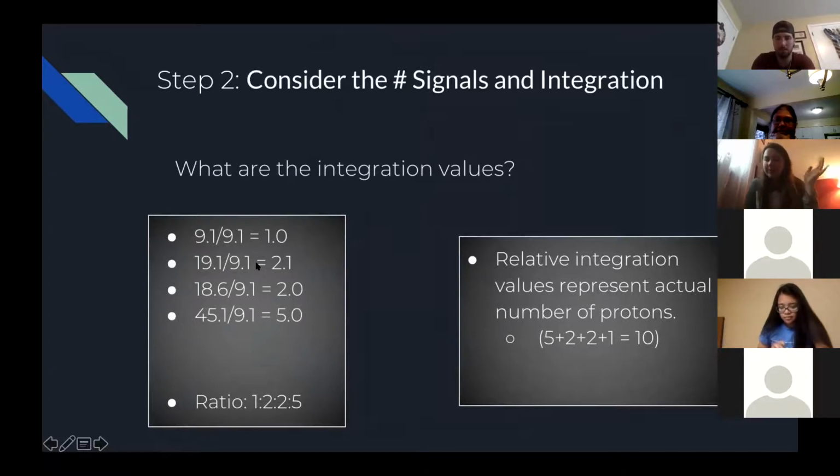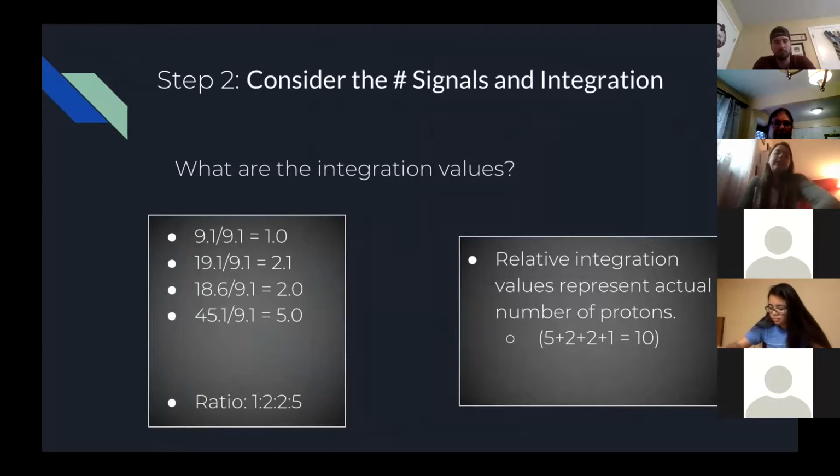Again, whenever you do this, sometimes you'll get weird values like 2.079. Just round it off to the whole number because you can't have 2.4 of a hydrogen. So in this one, I had 2.1, and 2 is close enough. But if it is like 2.5, then you multiply the whole thing by 2.